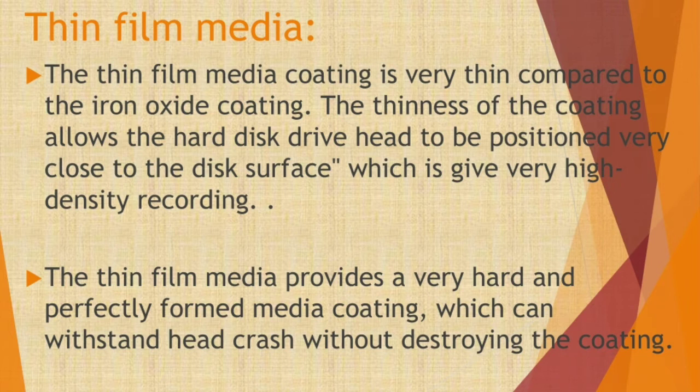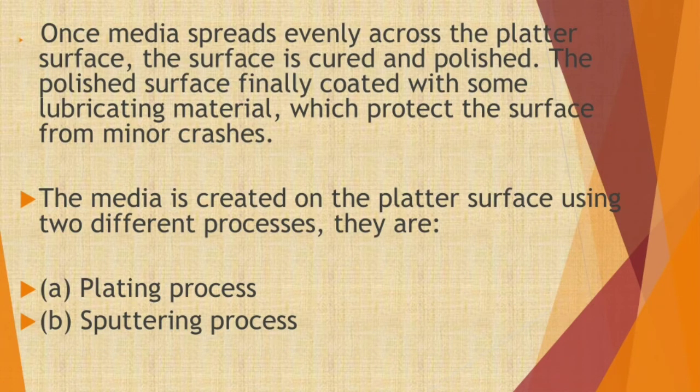The thin film media provides a very hard and perfectly formed media coating which can withstand a head crash without destroying the coating. Once the media is spread evenly across the platter surface, the surface is cured and polished. The polished surface is finally coated with some lubricating material which protects the surface from minor crashes.